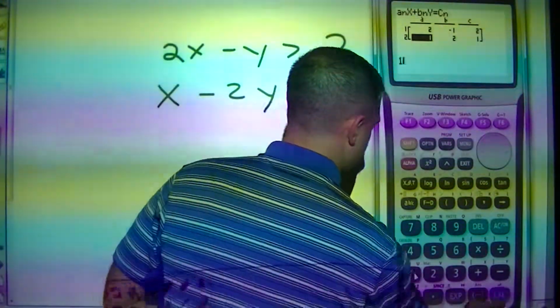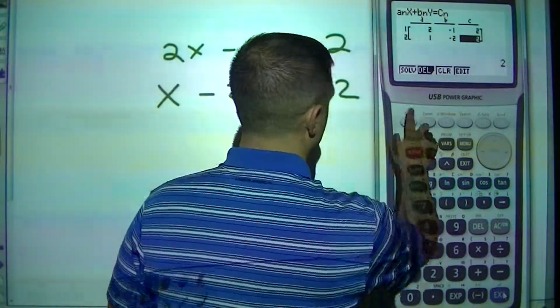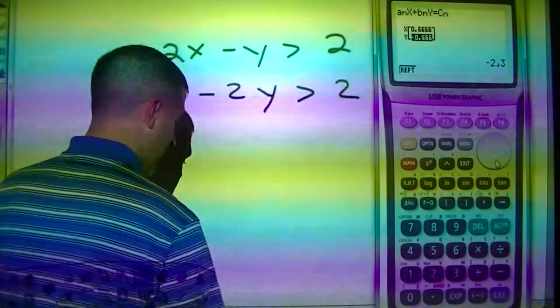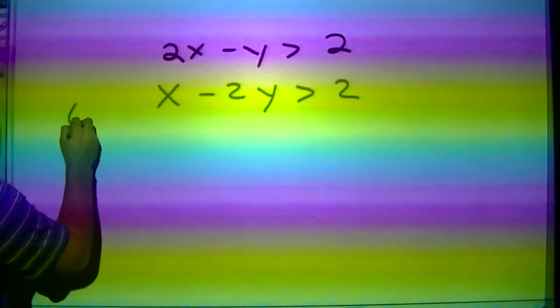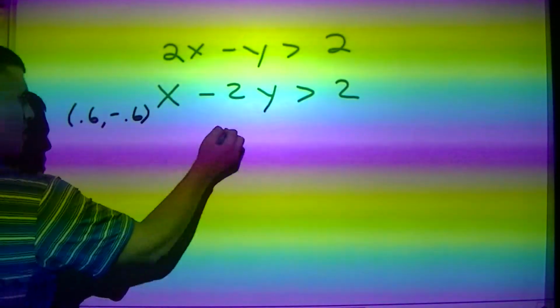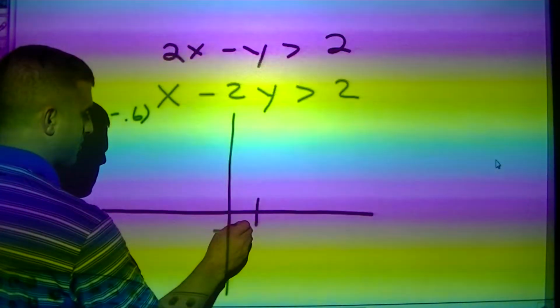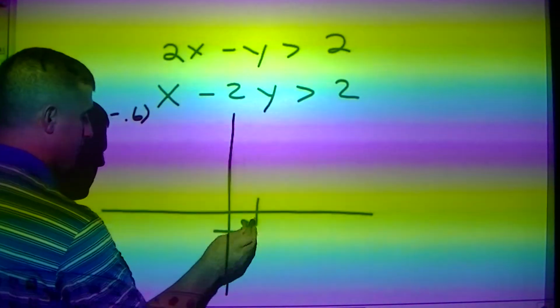This one I'm doing 1, negative 2, and 2. If I solve, that's what I get, 0.6, negative 0.6. So on a number line, 0.6, negative 0.6 would be somewhere about right there.